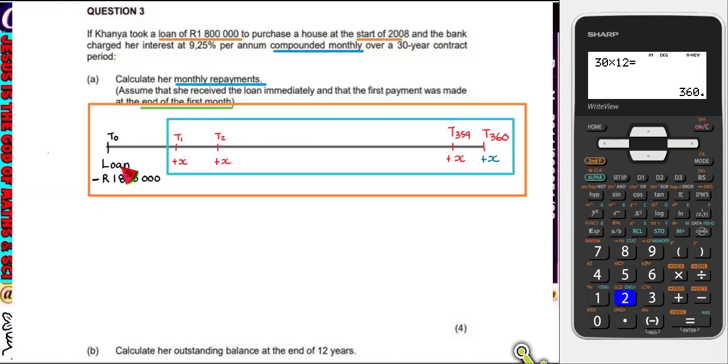So the 1.8 million over a period from T0 to 360 will earn interest. That orange one, we're basically using A equals P times 1 plus i to the power of n, and that P is the loan there.